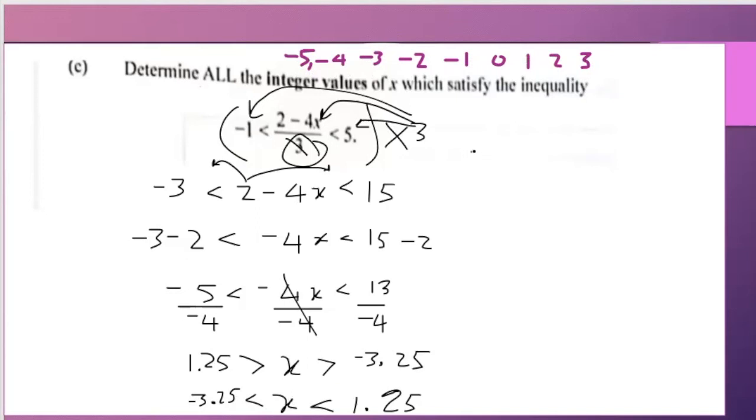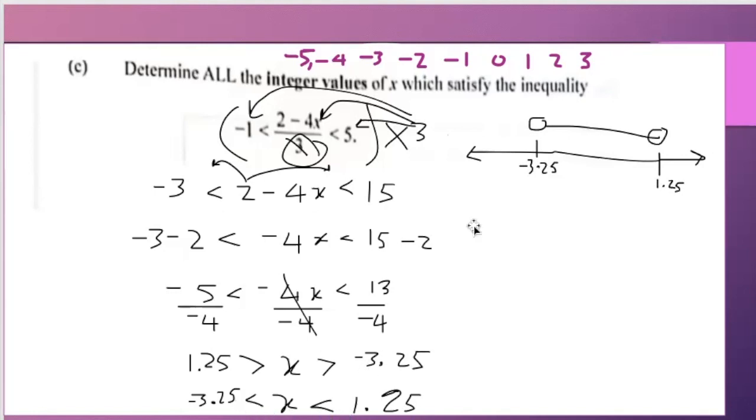We could clearly draw this on a number line if you're not seeing the integers. I will have negative 3.25, just a rough sketch of what's happening, and 1.25. It will be open at both values and we connect them. It's open because we're not using the end values. That's what this means.